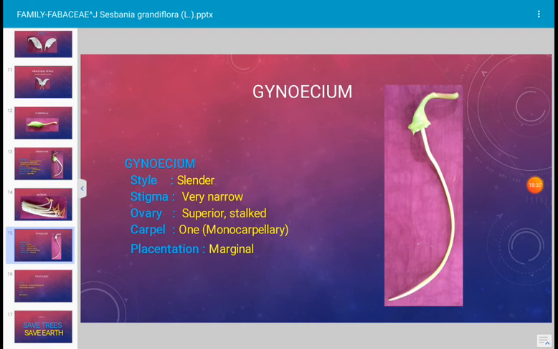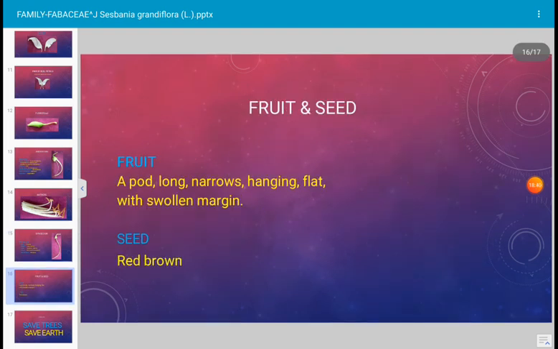Okay. Next. The fruit is a pod, a legume. It is a very characteristic feature of family Fabaceae. The type of fruit is pod. It is long and narrow, hanging and flat with swollen margins.